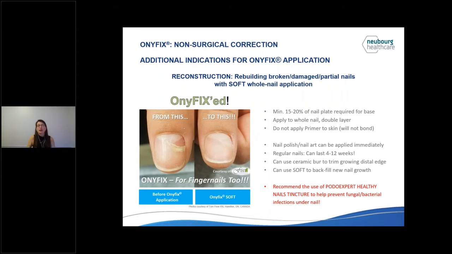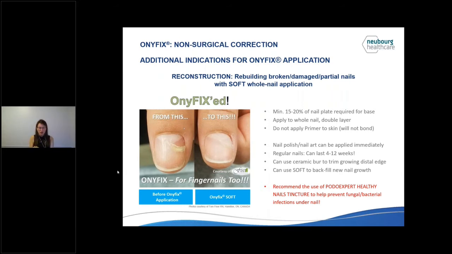And then that PhotoExpert nail tincture spray, which has pyroxenolamine, by the way, and that's a compound that has both antifungal and antibacterial properties. So pyroxenolamine is a broad spectrum type of sanitizing agent, and so that will help keep the nail and the area underneath and around healthy.